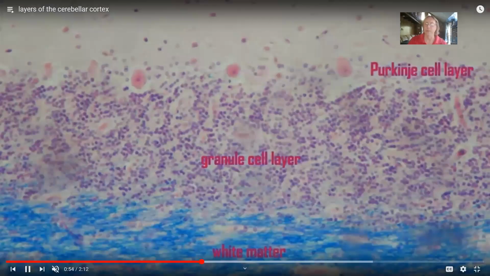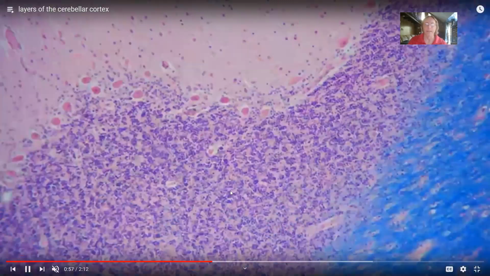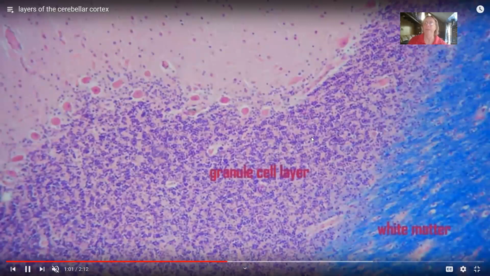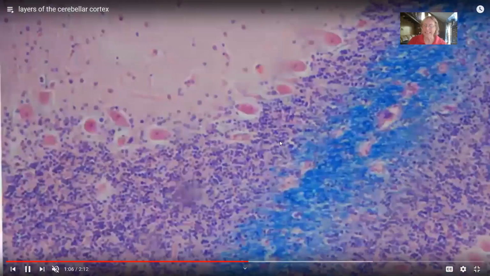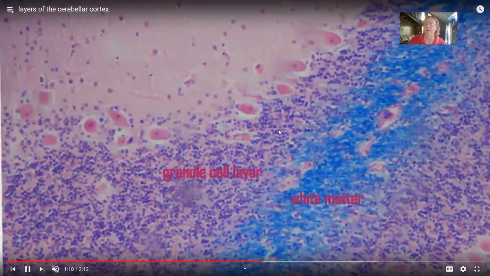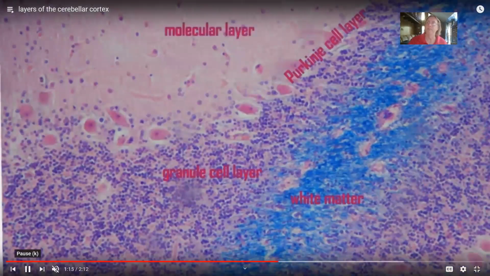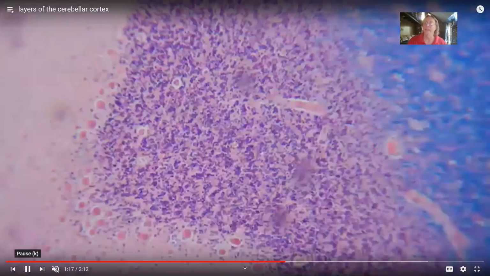So there is white matter that makes up most of the interior of the cerebellum. And then there is a granule cell layer, a Purkinje cell layer, and the molecular layer. Notice how densely packed the granule cell layer is. This is the densest accumulation of neuronal soma in the brain.